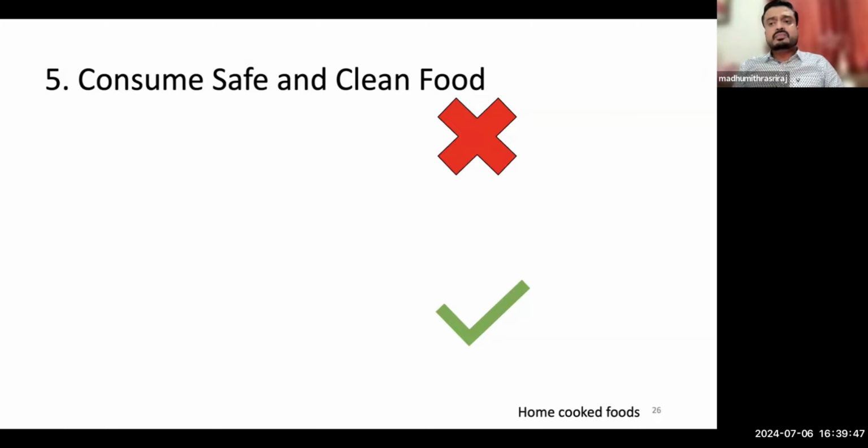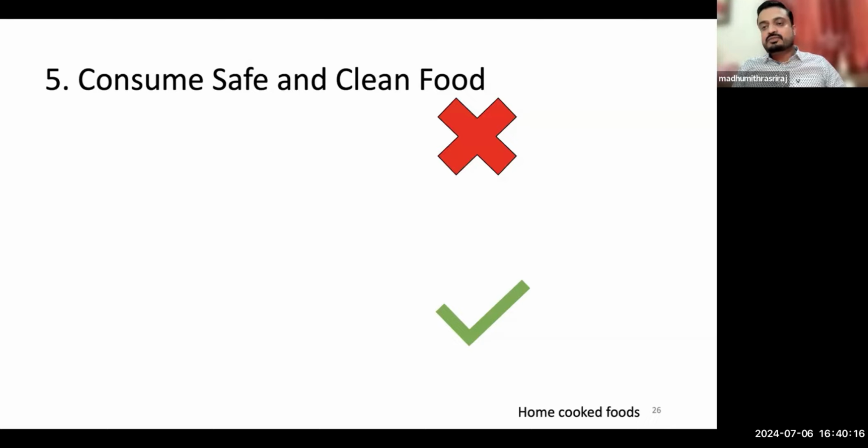So consuming safe and clean food is very important. Although we all love to go out and eat sometimes in a month or so, it's important to note whether the food is made fresh in the restaurant or not. Try to avoid eating on the street, using, I don't know what they use in making pani puri or puchkas these days.